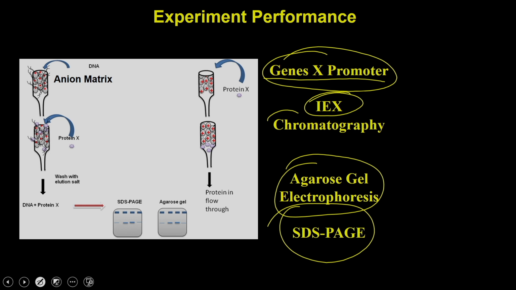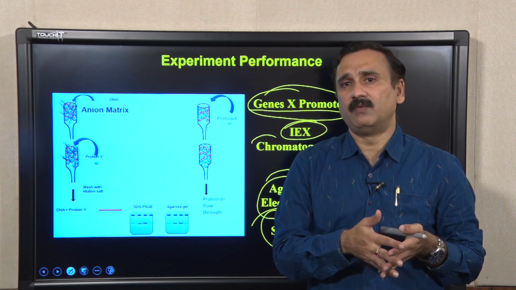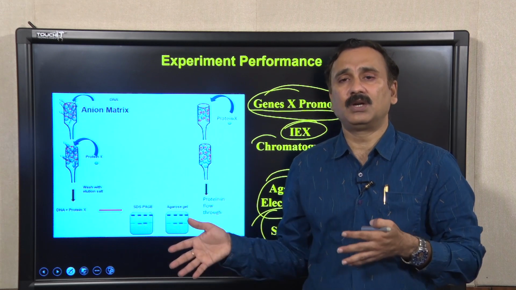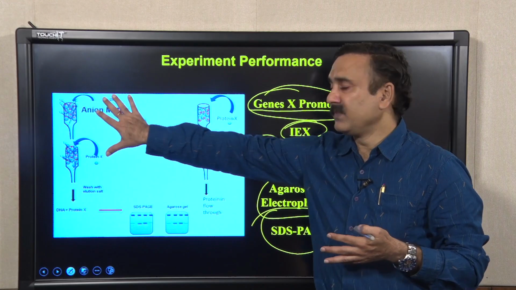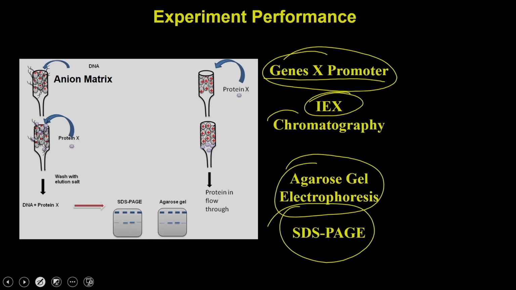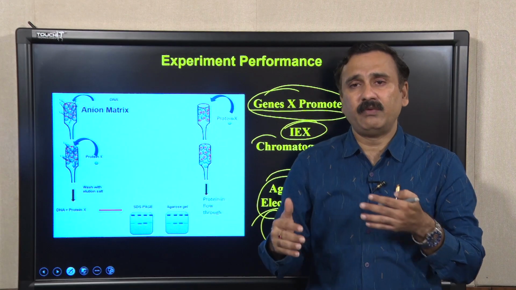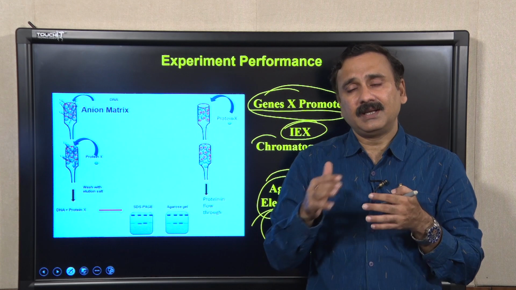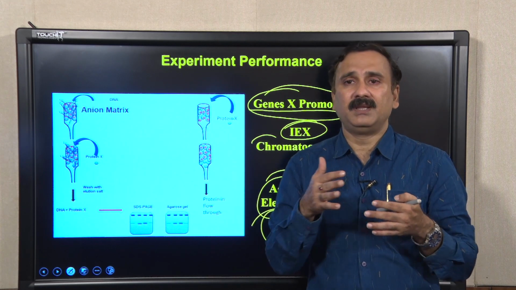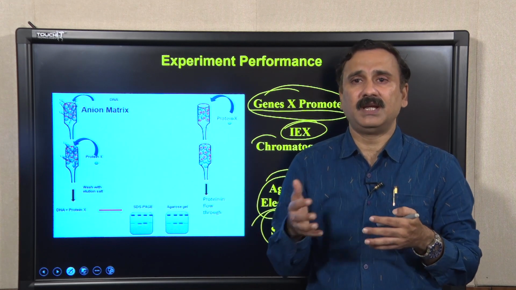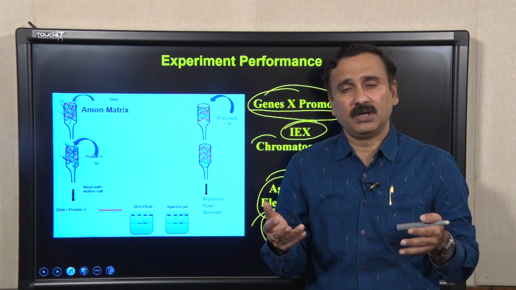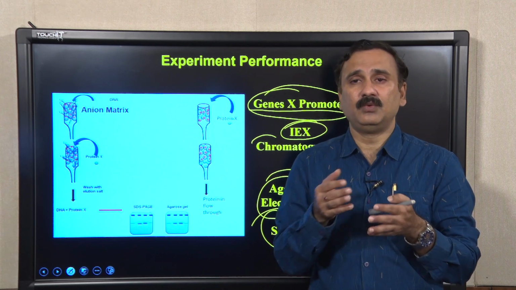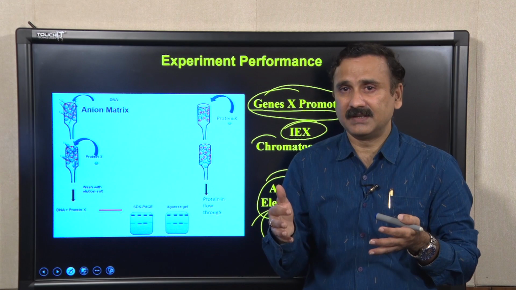So, it is semi-quantitative or qualitative information that you are going to get from the electrophoresis, whereas from the ion exchange chromatography, you can get the information whether the DNA and protein are interacting with each other or not. On the other hand, you can also get quantitative information, like the distribution and the binding constants; you can do all those kinds of analysis as well.